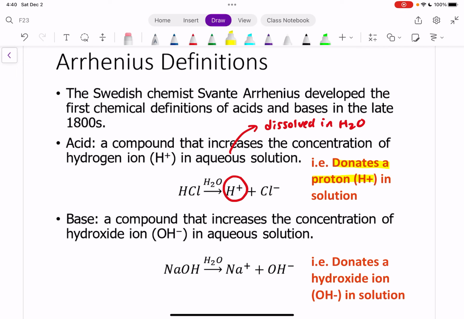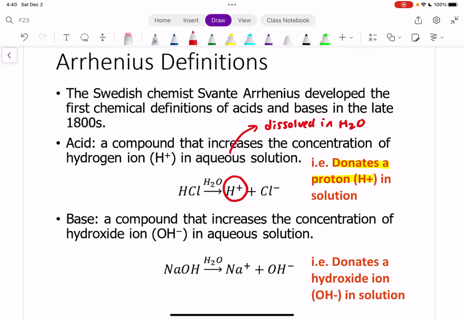Neutral hydrogen. So if hydrogen loses that 1 electron, all that's left over is essentially a proton, right? So scientists will often use the term proton and H+ interchangeably when we're talking about these hydrogen ions or acids and bases.